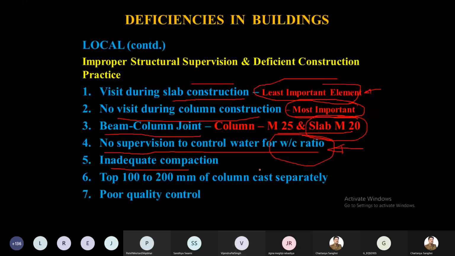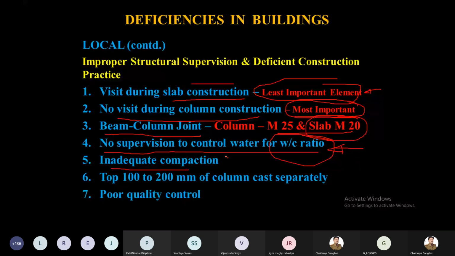So if it is a 10 feet height, and the depth of the beam is maybe, we assume, 2 feet, so 8 feet is the column height, and we complete the formwork of 8 feet, and then we are pouring concrete from the height of 8 feet, which is not proper, right?